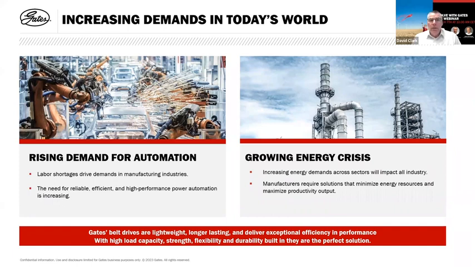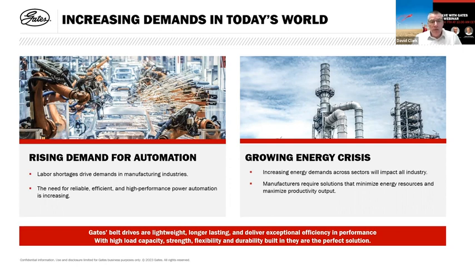There are increasing demands within the world, things we recognise within Gates, again, as I think everybody does. There is a rising demand for automation. Labour shortages are causing that rise. Also, it is, in many cases, a solution which is lower cost.